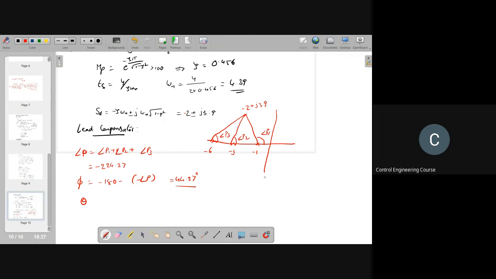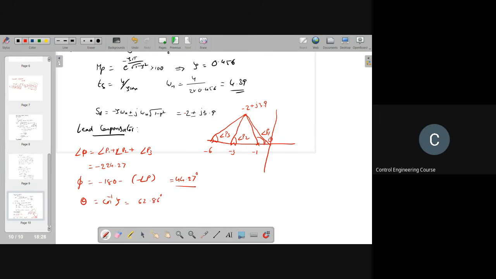Theta is the angle from the origin to the desired pole, so cos theta is zeta. Theta is equal to cos inverse zeta. Zeta is 0.5, so that is equal to 62.86 degrees.